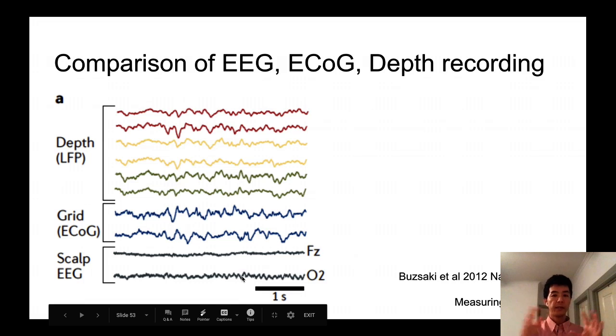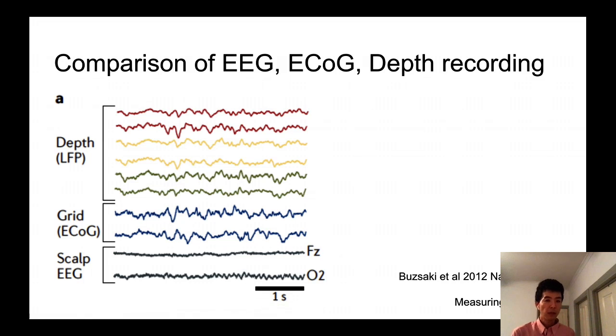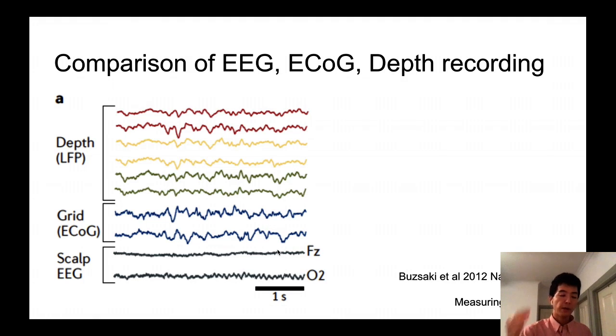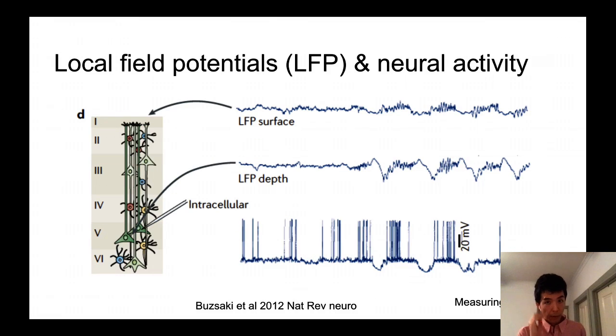So that means the EEG has a spatial resolution of several centimeters. But underneath Oz, if you have an electrode implanted, then you'll see quite a different kind of signal. But on the surface with ECoG and also at depth with LFP, you will see more or less a correspondence as long as the recording location is close enough.